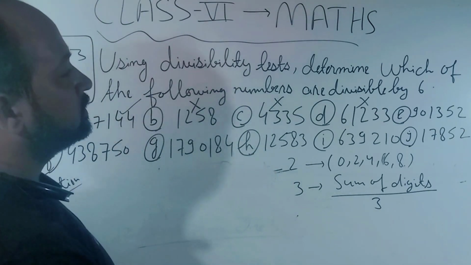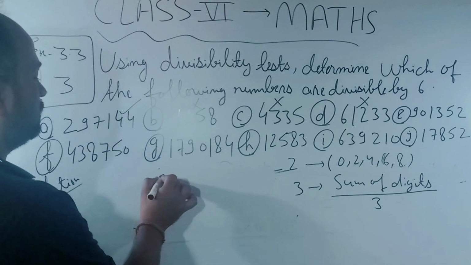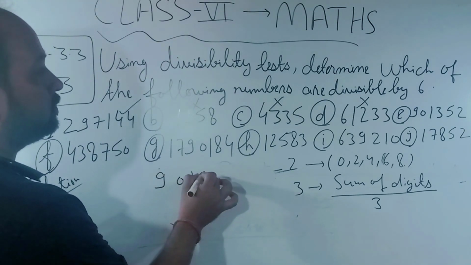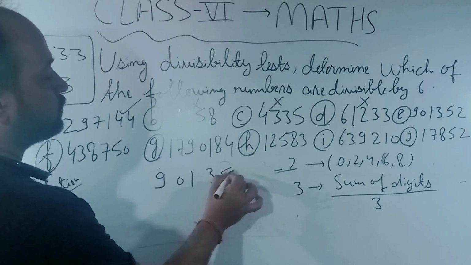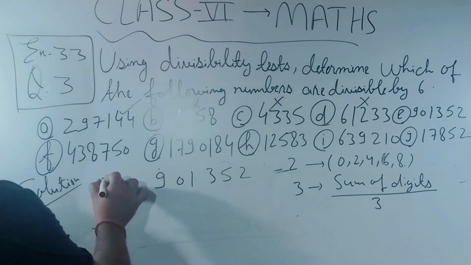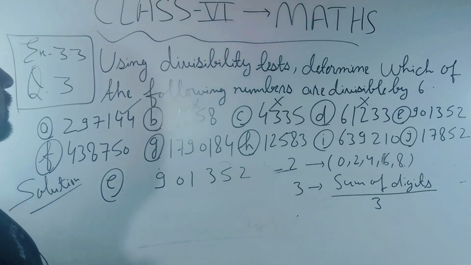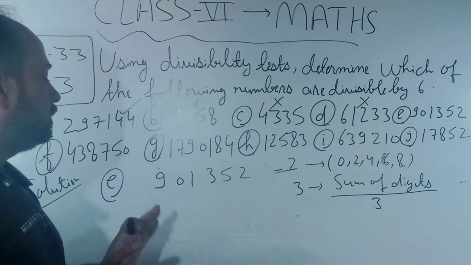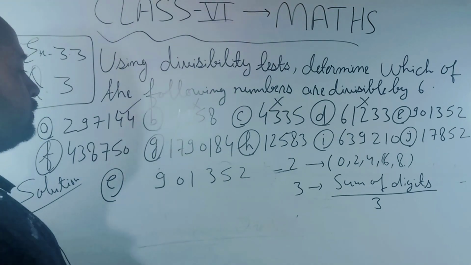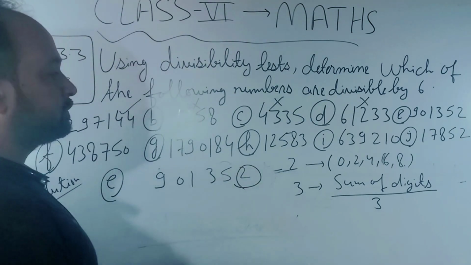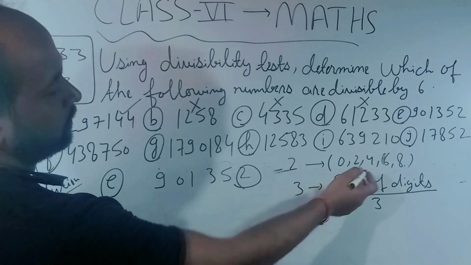Now next, E number, 901352. Okay, the last digit, the ones place number, is coming from this group.